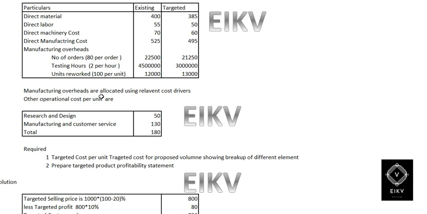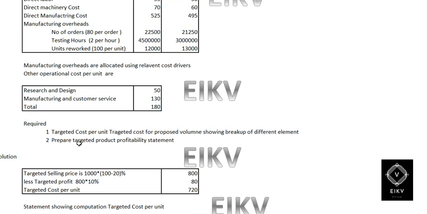Then the manufacturing overheads are allocated using relevant cost drivers. So in this question we need to find the cost drivers, and then other costs are also given as research and design cost as ₹15 and manufacturing and customer cost as ₹130. So the total cost will become ₹180.